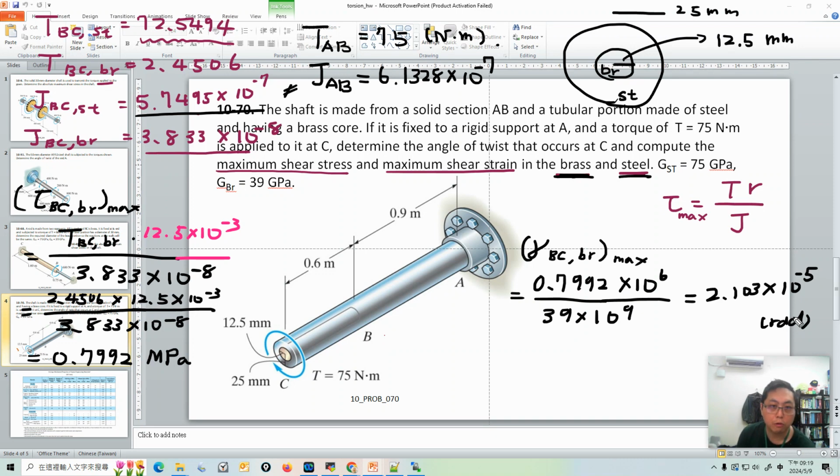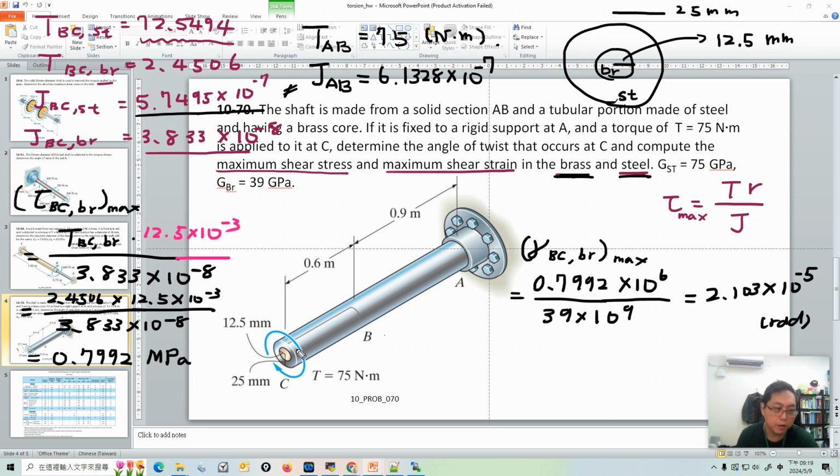Okay, so we finally finished the problem. This is the second part. Once you have this information from the first problem, it's very easy to determine the maximum shear stress at each part. You must understand the maximum shear stress is always at the surface.